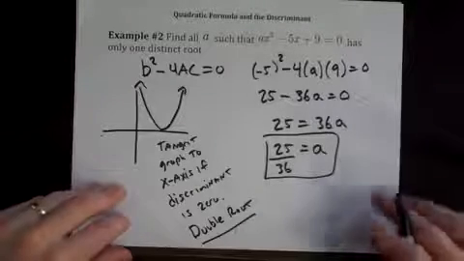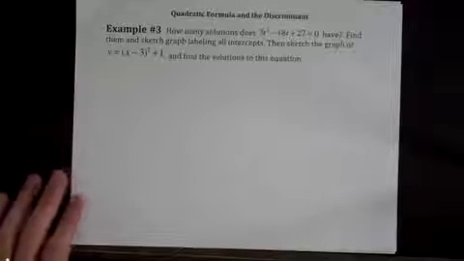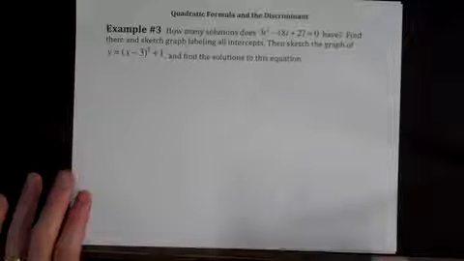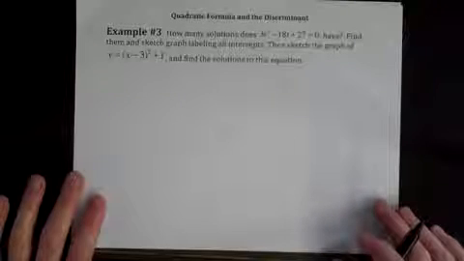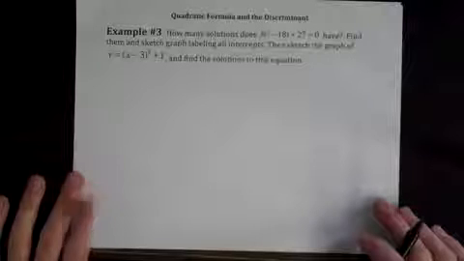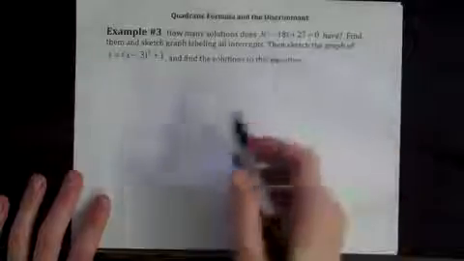Okay, we're going to practice this again right now. Remember guys, you can always stop it. Let's see, how many solutions does 3t squared minus 18t plus 27 equals 0 have? Find them and sketch a graph labeling all intercepts. Okay, let's do that part first, and then we'll do the second part.